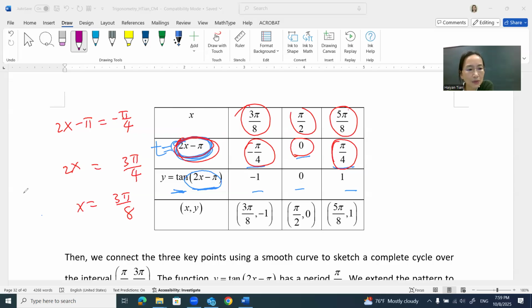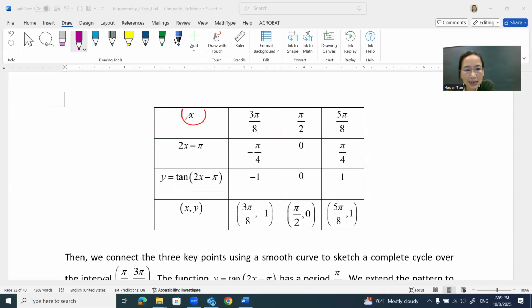So once we get, the purpose is to get x versus y, not t versus y. Although t versus y is very simple, right? We know the 3 key points. The tangent of t is a very basic function. But eventually, we still need x, y as ordered pairs to plot the graph.